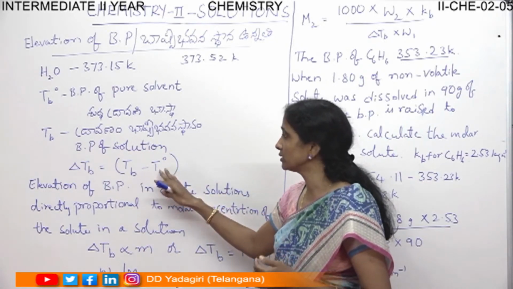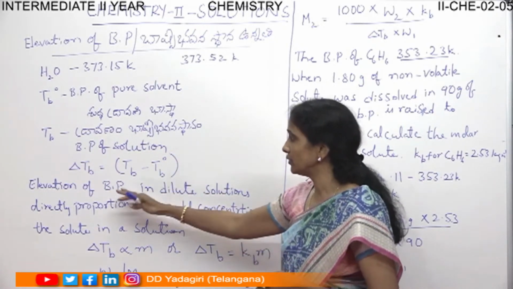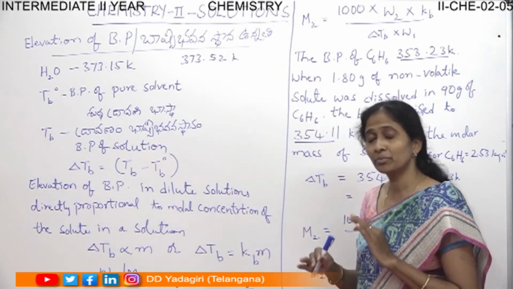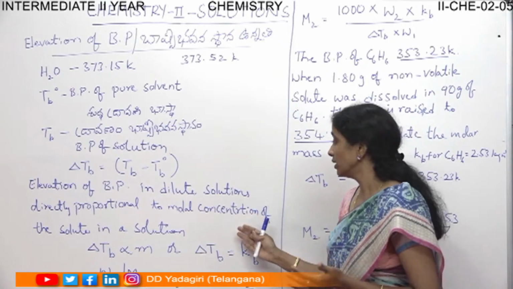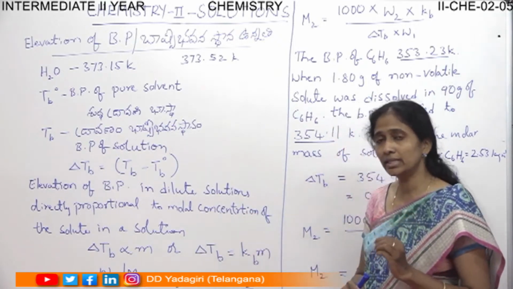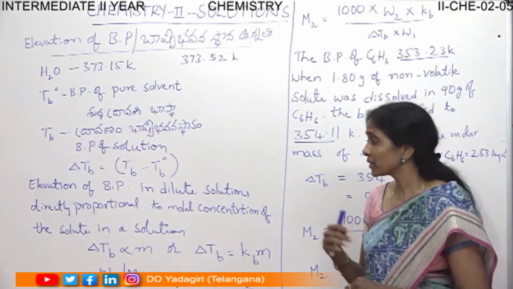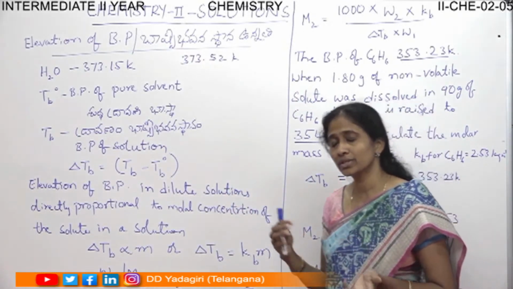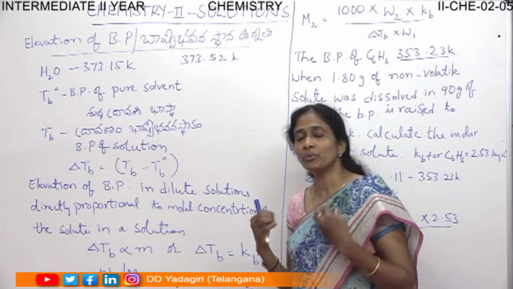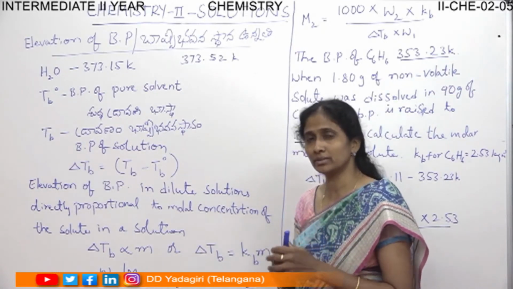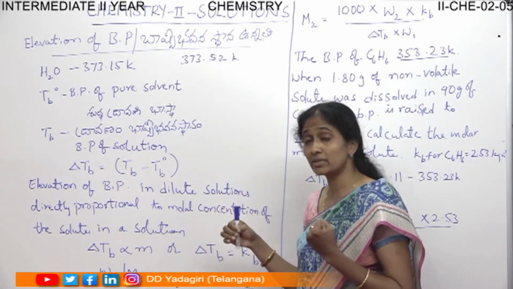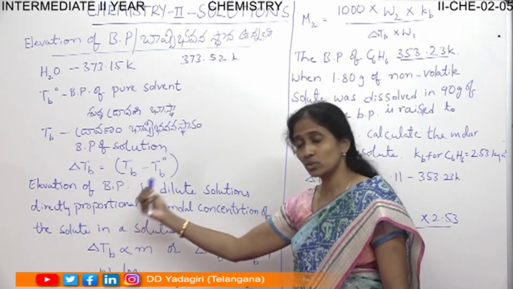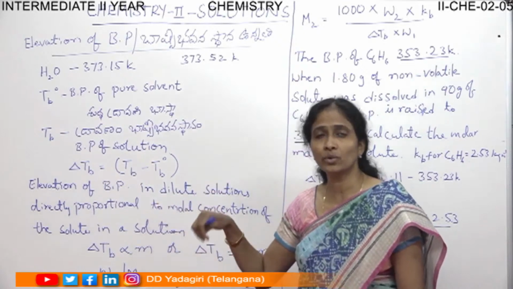So delta TB. The elevation of boiling point in dilute solutions is directly proportional to the molar concentration of the solute in the solution. The boiling point elevation of the solution is directly proportional to the molar concentration of the solute which is present in the solution.